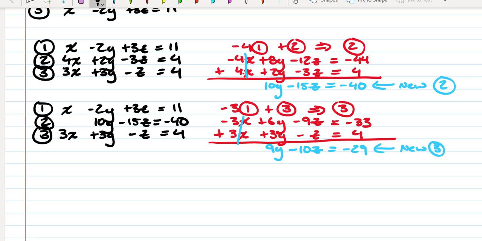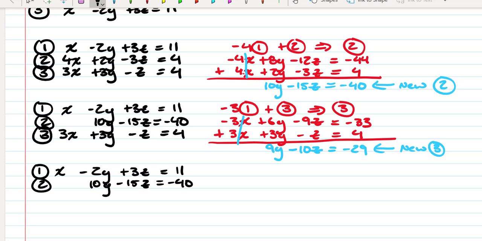So now my system is, equation 1 didn't change, so x minus 2y plus 3z is equal to 11. Equation 2 didn't change, it's 10y minus 15z is equal to negative 40. And then now my new equation 3 is 9y minus 10z is equal to negative 29.